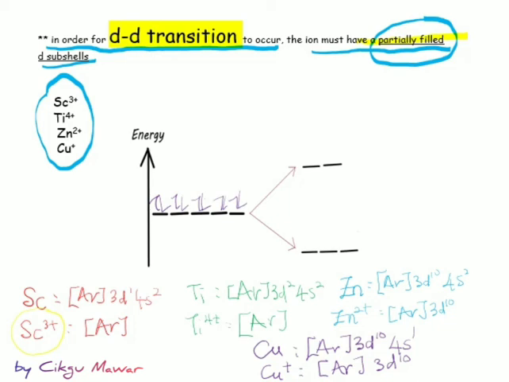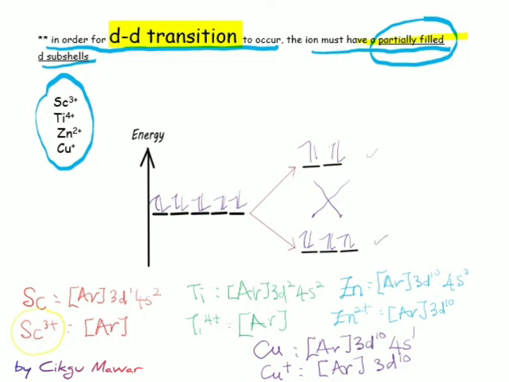When a ligand is present, the orbitals also split into different levels, and we fill up each orbital. Once again, because there is no unpaired electron here, there is no d-d transition, since it is a fully filled orbital.